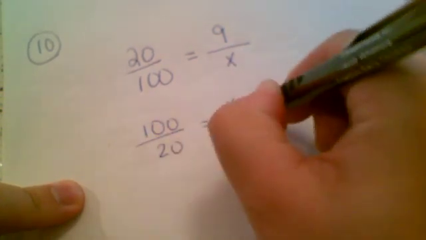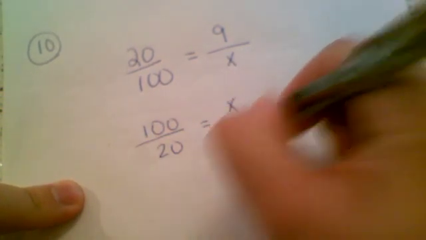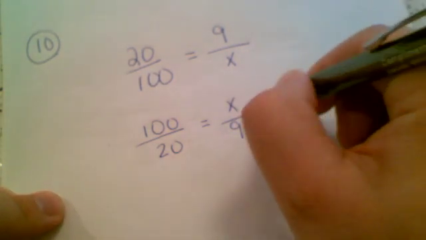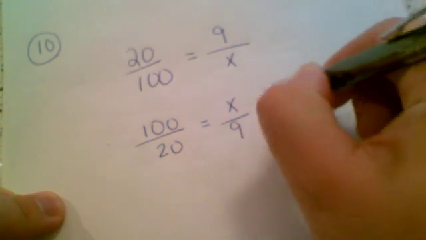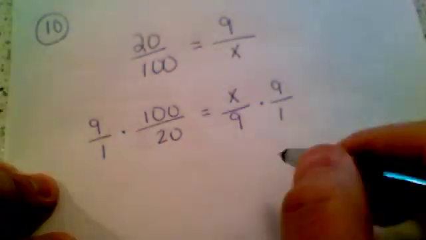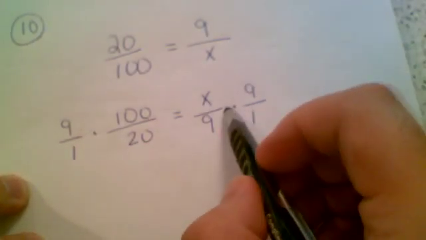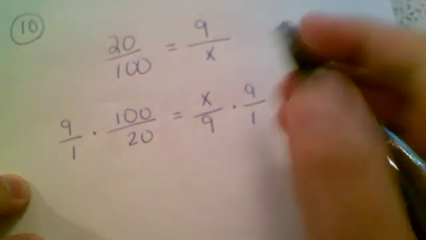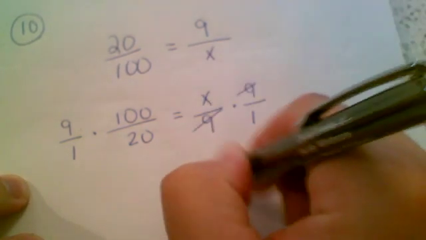So next what we do is we rewrite the ratios so that the x is now on the top. We multiply by 9. We know that when we multiply x times 9 and then divide the answer by 9, then we have just x.